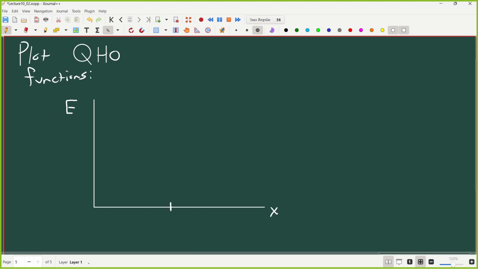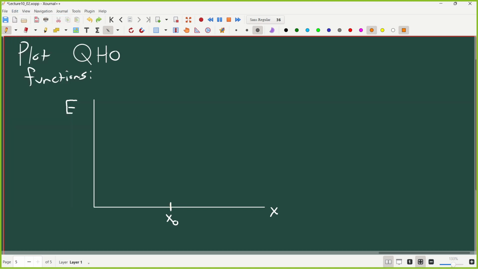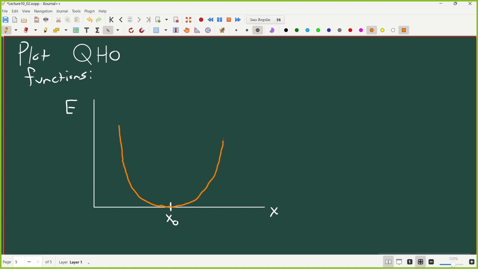We'll say that the rest length of the bond is at X0, that would be the rest length, L0. I'm just using X's here instead of L's, but it's the same idea. And the potential energy is a parabola centered around X0. I'm going to make this a little wider if that's okay, a little broader just to give myself some more space.